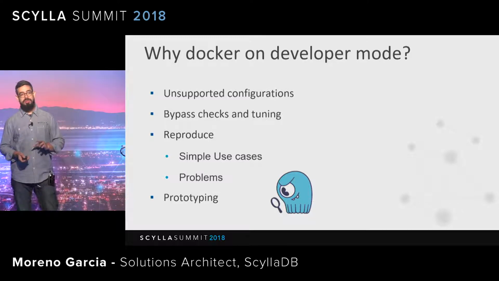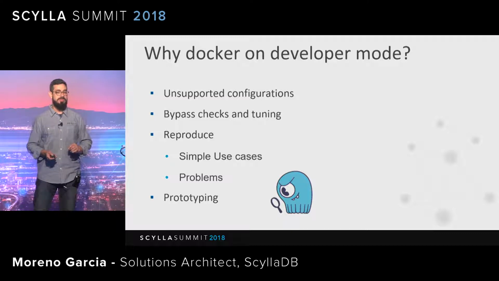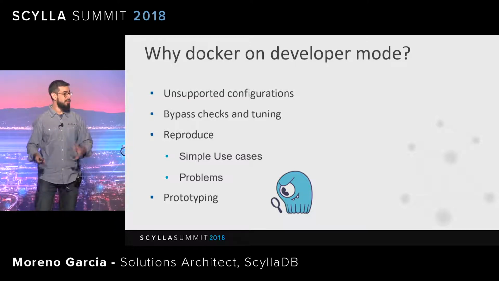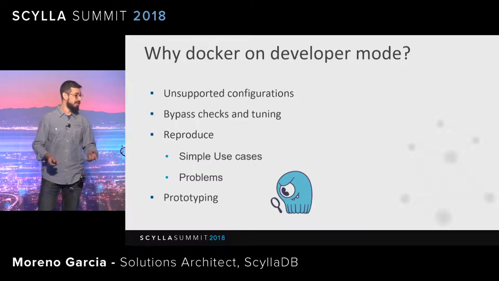Another good use of Docker for Scylla is when you're having a problem in production or on your test environment, but you have a lot of data there. Sometimes you cannot touch whatever is running there. You cannot modify the data, or you cannot test something.